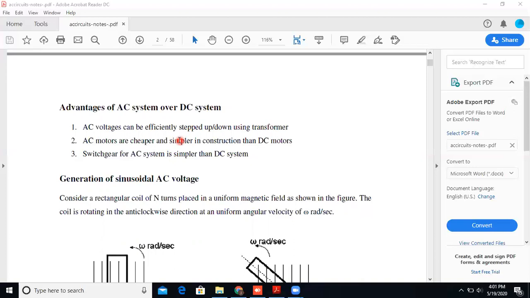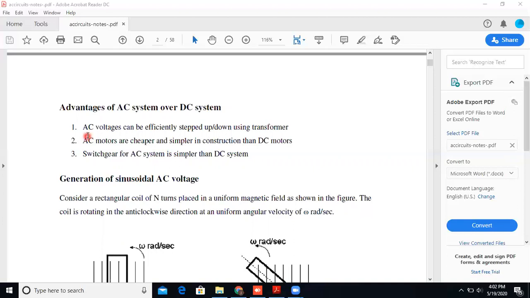This adapter is converting AC to DC. Here also we are converting AC supply to DC supply. That means we cannot say that AC is less efficient compared to the DC system, because the application needs only DC supply. Like that, we have different applications.